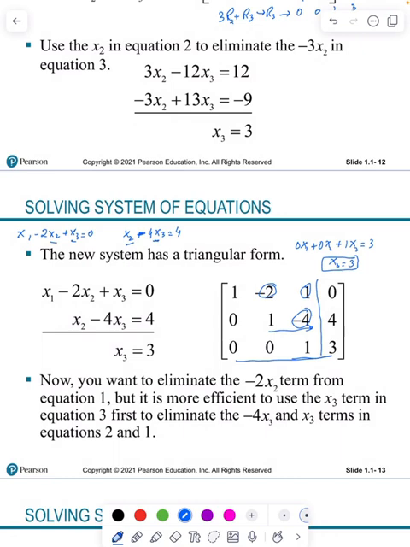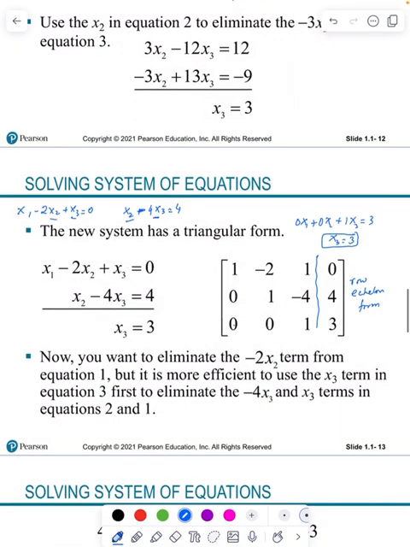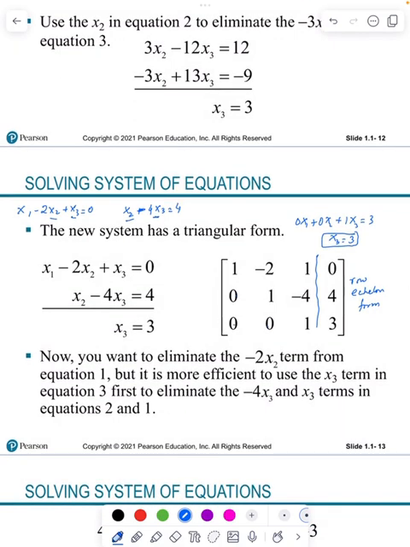So this matrix here, where we have zeros in these places, this is called a row echelon form of a matrix. Okay, so to go further, we have to make these quantities zeros, as I mentioned earlier. This one is already 1, so we don't have to do anything to it.